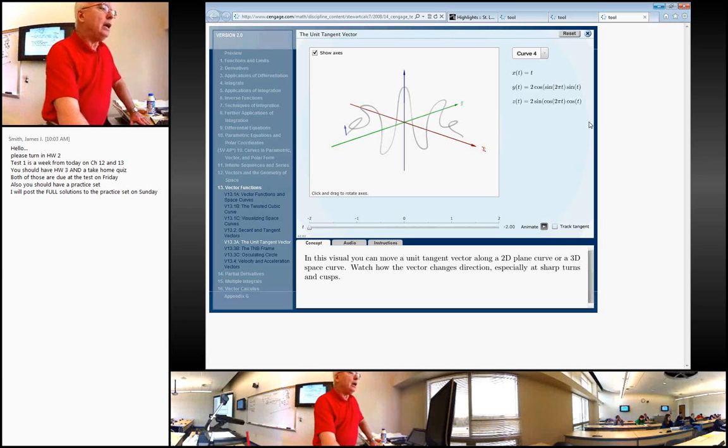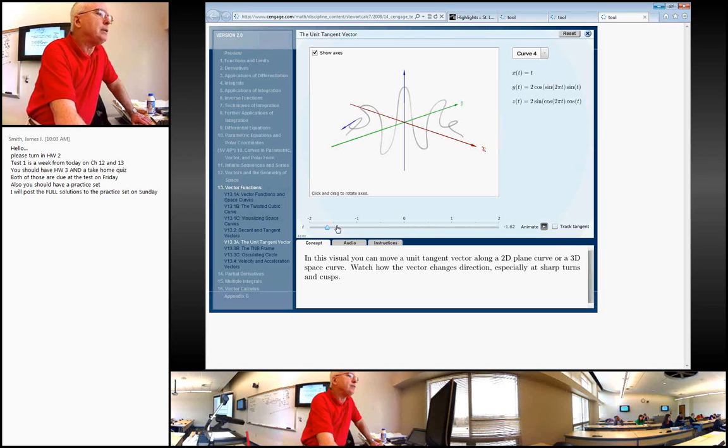The blue line right here is the unit tangent vector. It doesn't change much, but then this curve starts changing direction. It's going to flip, then flip again, keep changing.